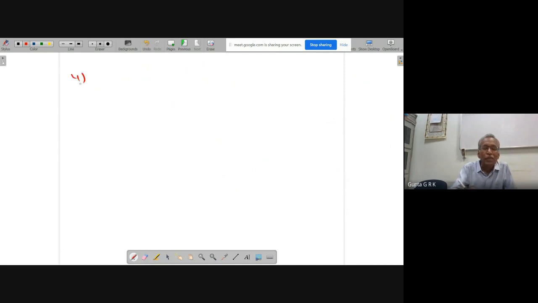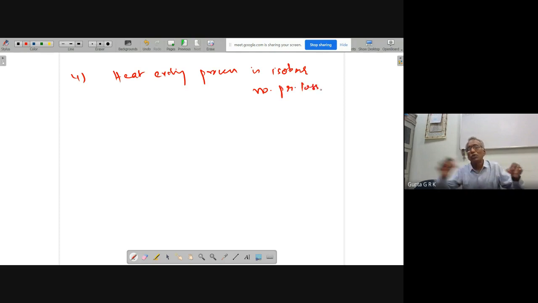And the heat exchange process is isobaric, no pressure loss. Because normally in heat exchangers, because it flows through pipes for long distances, like in different loops and all, there will be pressure losses, and we assume no pressure loss in piping also.